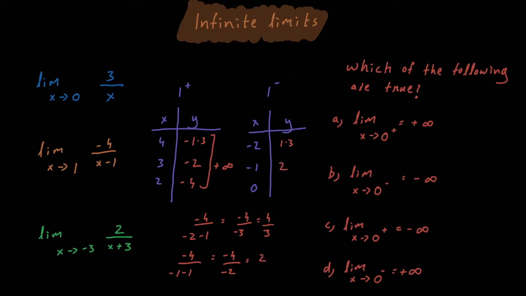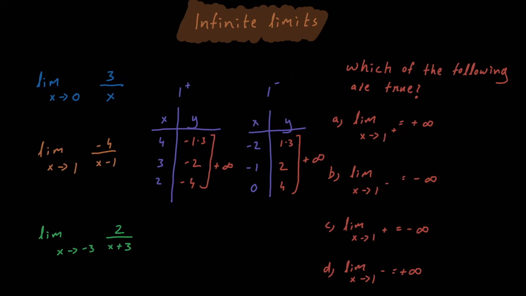Now if I take 0, I will simply have -4 divided by -1, which is simply 4. So we see that from the negative side, it is reaching positive infinity because the numbers are becoming bigger as we get closer to 1 from the negative side.